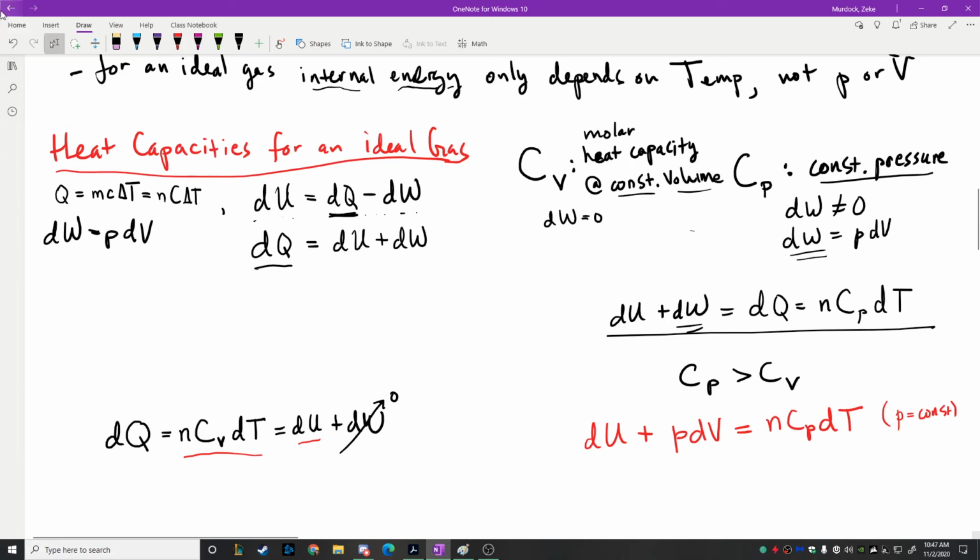For an ideal gas, internal energy only depends on temperature, not P or V. So a change in internal energy is also dependent only on temperature and not P or V. Okay? So what we can do is replace the du here with this expression here. Because regardless of whether we're talking about a constant pressure process, the value of this quantity here should still be equivalent to this value here, because it's an example of how dt is related to the change in energy. So you can basically just replace this with du right here.